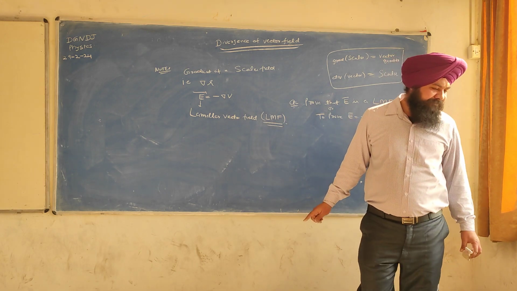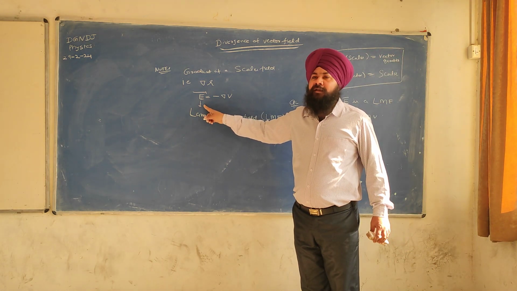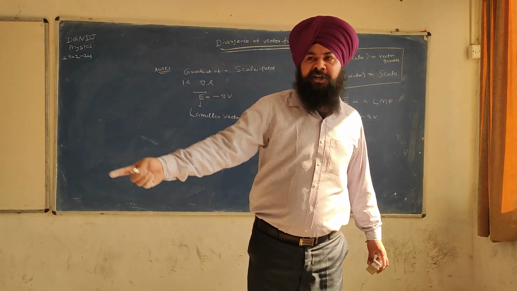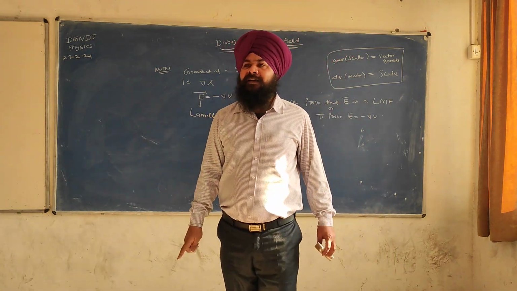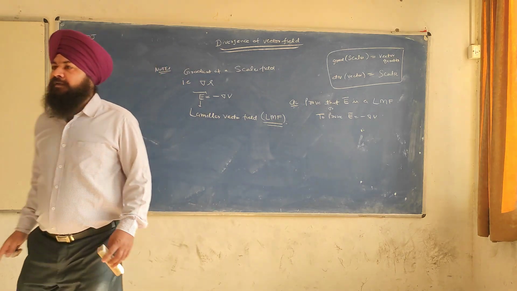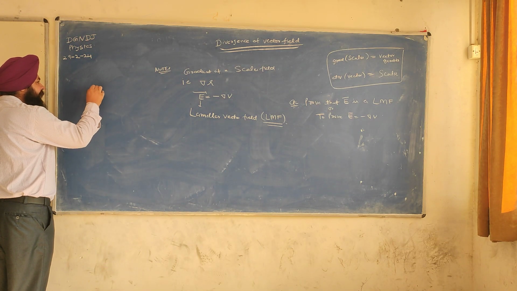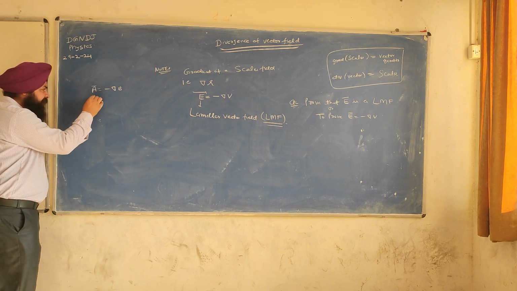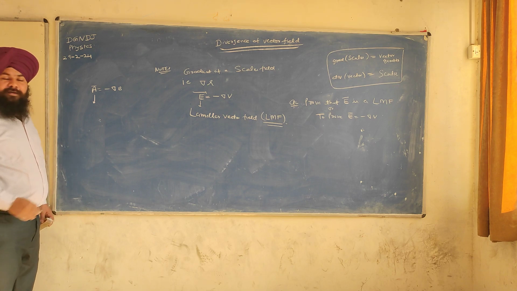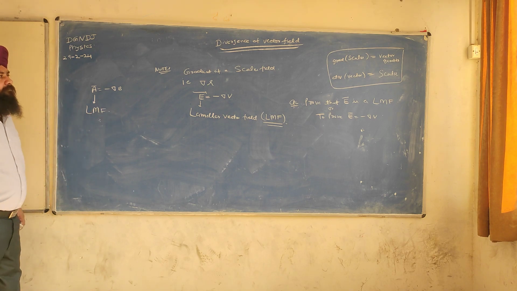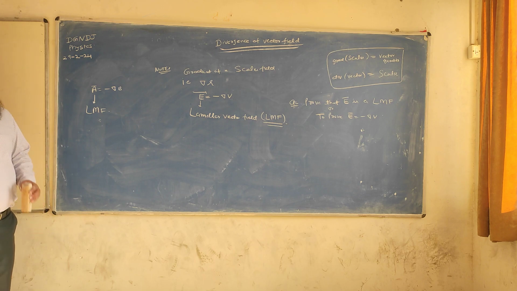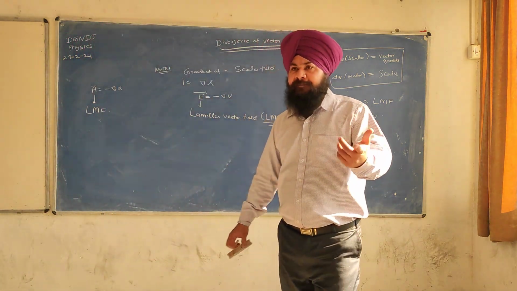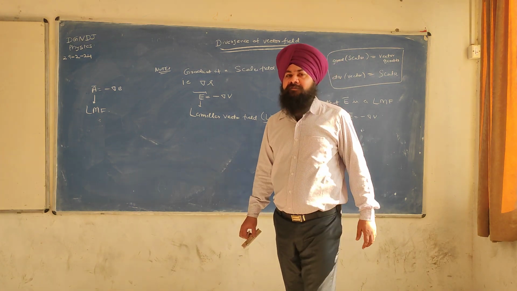It means if any vector can be expressed as a negative gradient of some scalar function or potential, then that vector field is a laminar vector field. For example, if I say A is equal to minus del V, then this A vector is a laminar vector field. If we can write A as minus gradient of B, it means A vector is a laminar vector field.